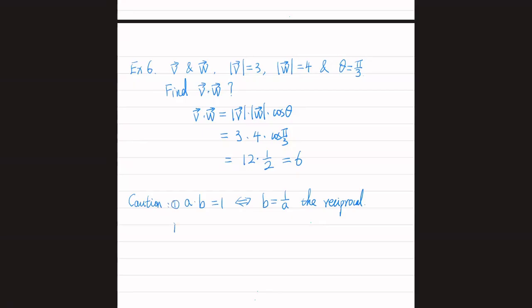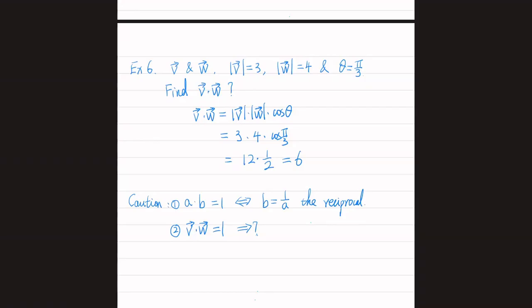Now, if you have two vectors, do we have a reciprocal of vectors? No, vectors can't have reciprocals.